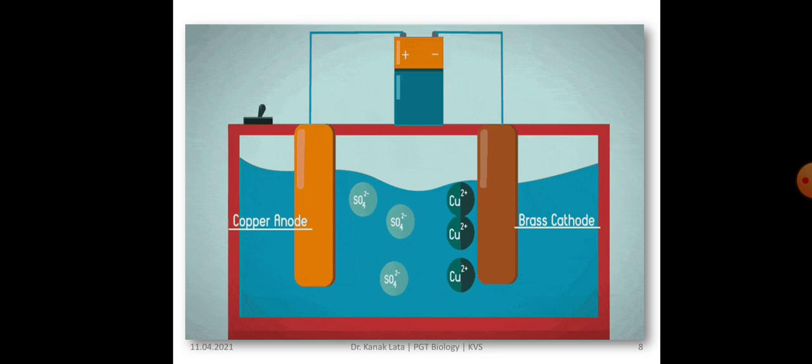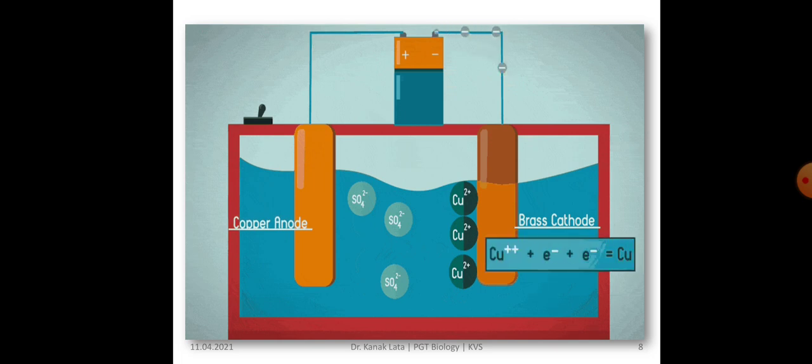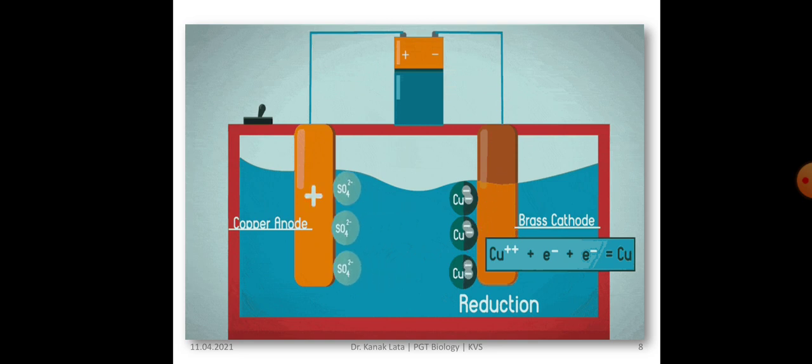The copper is deposited over the brass cathode and it looks golden in color due to the deposition of copper. So in this way the electroplating is done.